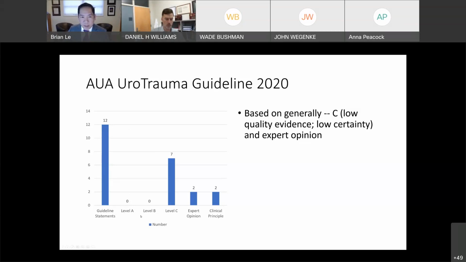In the reconstructive world, for these statements, there is no level A evidence, no level B evidence. The best evidence in any of these statements is level C, so low quality, low certainty evidence. So whenever I make references to articles about efficacy and things of that sort, remember the level of evidence we're talking about, and then there are some expert opinion and clinical principle statements.